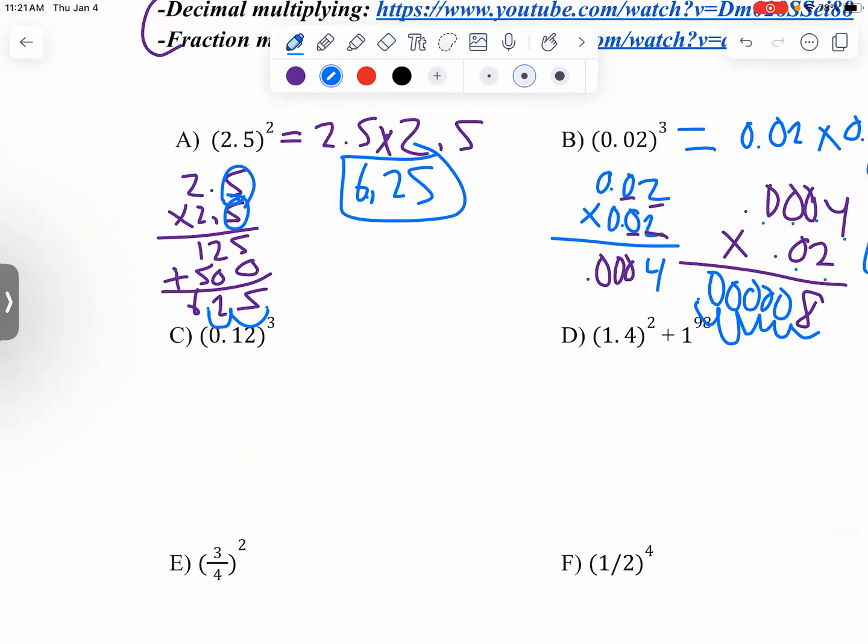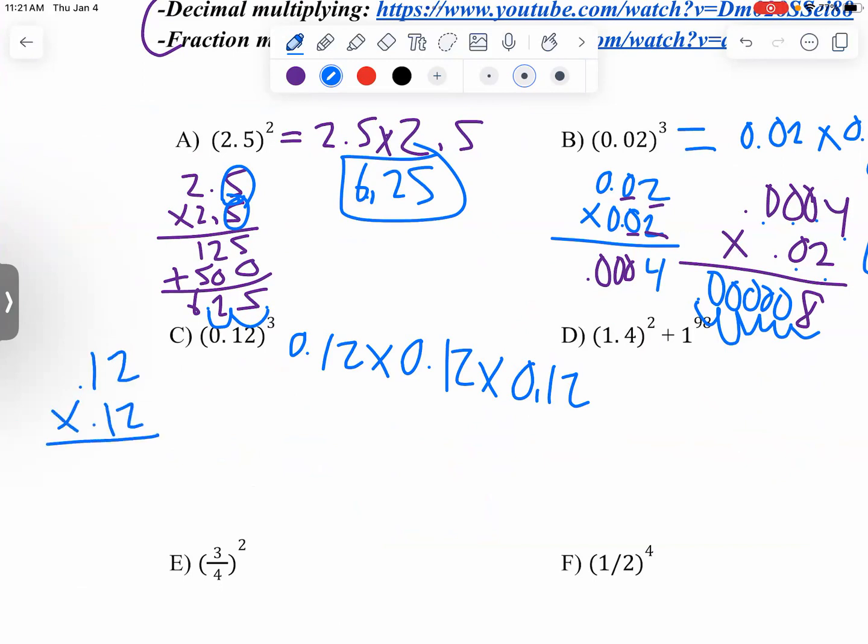All right, here we have 12/100ths to the third power. So it's 12/100ths times 12/100ths times 12/100ths. Very serious about wanting to see that. Okay, so 12/100ths times 12/100ths. All right, that's going to be 144. I can tell you that right now. So that's 24. Okay, so we have 1, 2, 3, 4 decimal places.